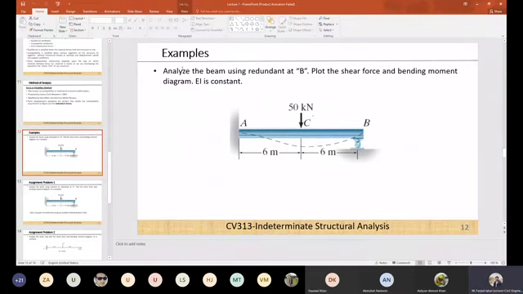The purpose is that we have to analyze this beam and plot the shear force and bending moment diagram. EI is constant, and in this question they have basically asked us that we are supposed to take the redundant at B support. Actually, in some of the questions it will be specified. In other questions, it is up to you which support you want to take as redundant. So let's solve this one and find the reaction.